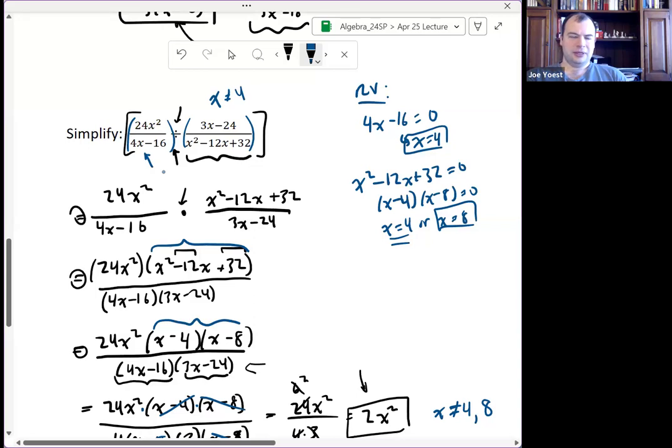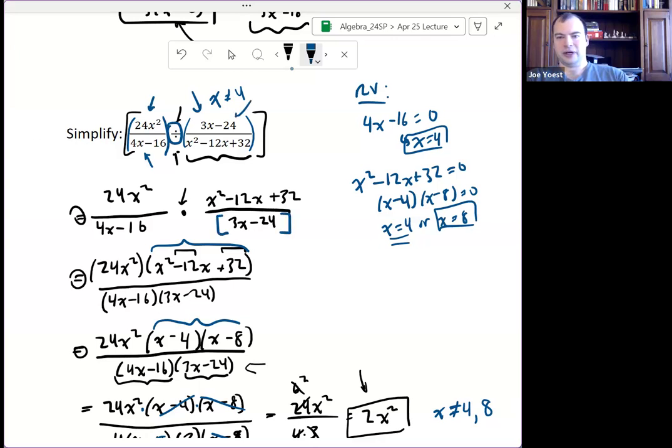And then it's a little tricky because I actually have a third fraction here, don't I? I have one thing divided by another thing. Or in other words, when I do my invert and multiply, the numerator of this second rational expression becomes a denominator. So anytime 3x minus 24 equals 0, this whole second fraction will be a 0.